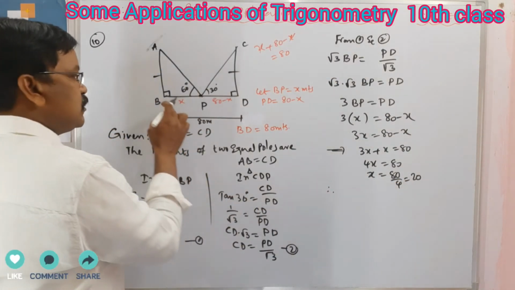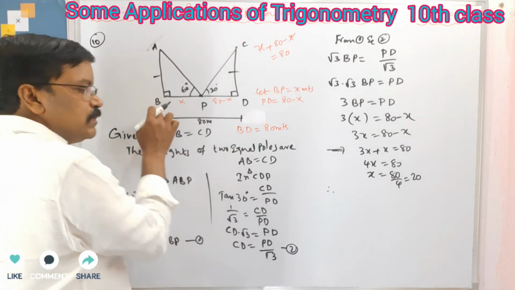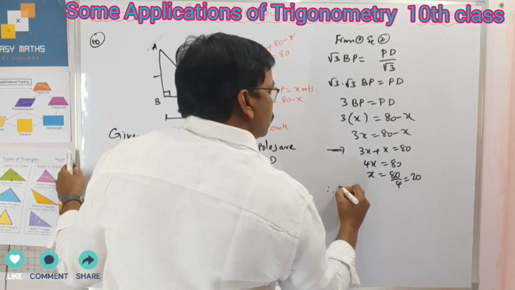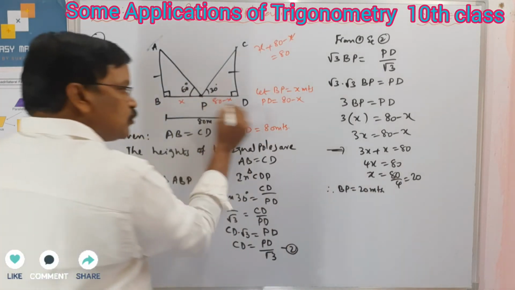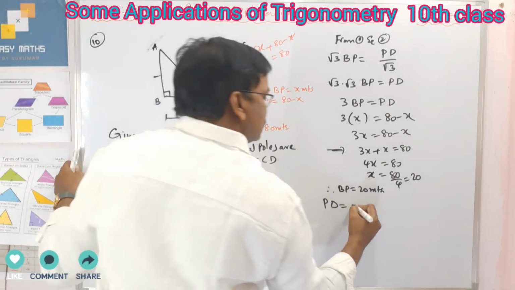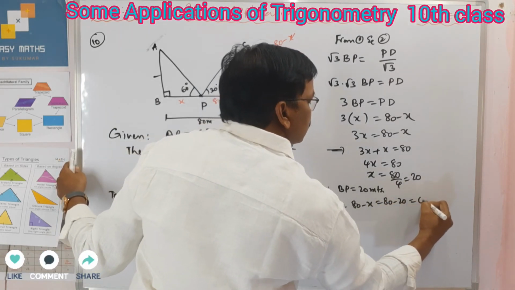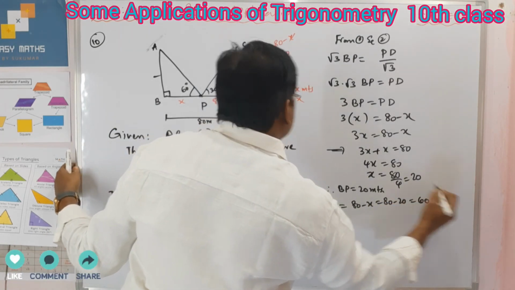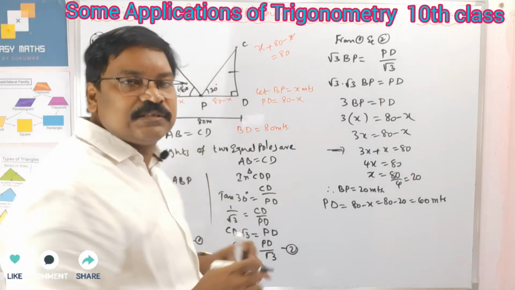Therefore the distance from the point to this pole is 20 meters. So BP is equal to 20 meters. What about PD? PD means 80 minus x, that is 80 minus 20, that is 60 meters. This is 20 meters, this is 60 meters.